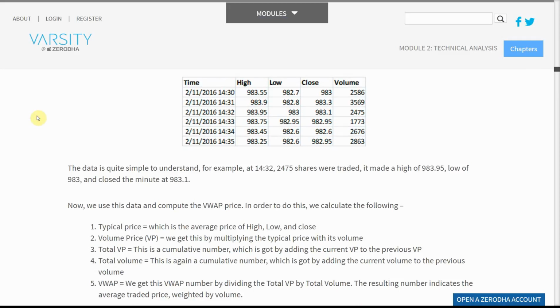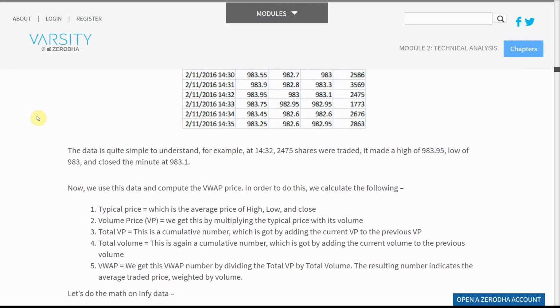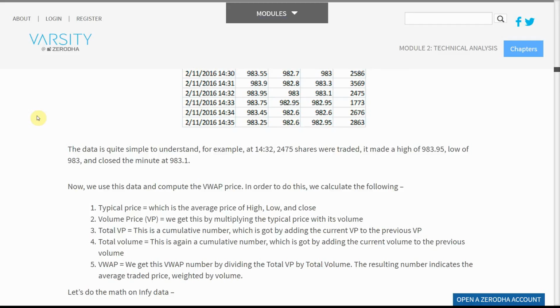Typical price equals the average price of high, low, and close. Volume price, VP, equals the typical price multiplied by its volume. Total VP equals a cumulative number, which is got by adding the current VP to the previous VP. Total volume equals again a cumulative number, which is got by adding the current volume to the previous volume.